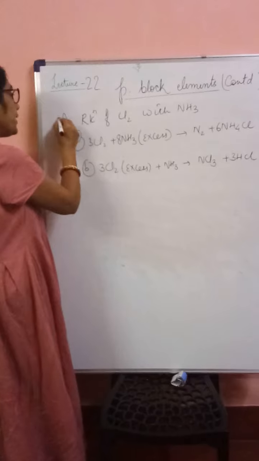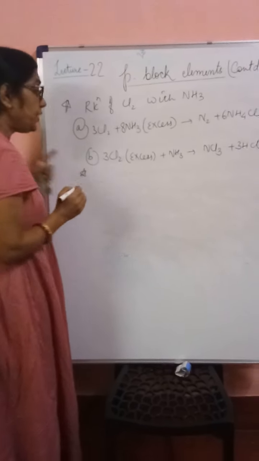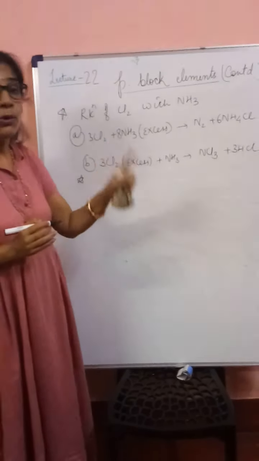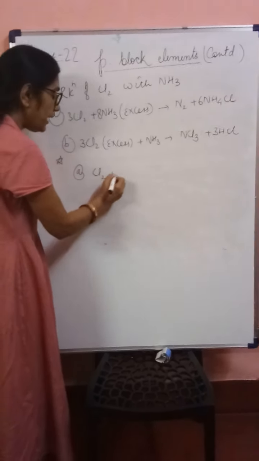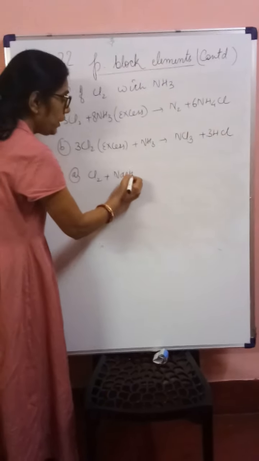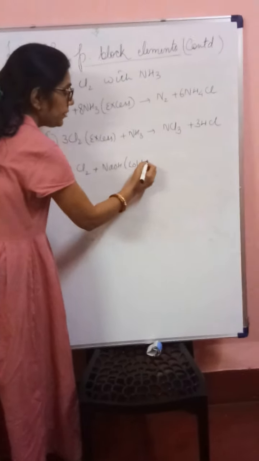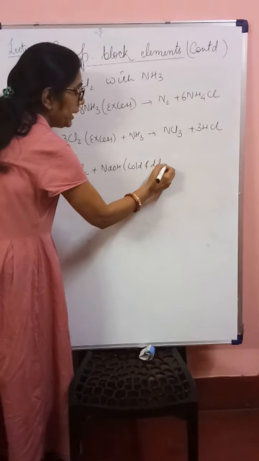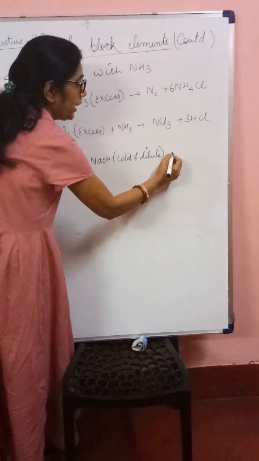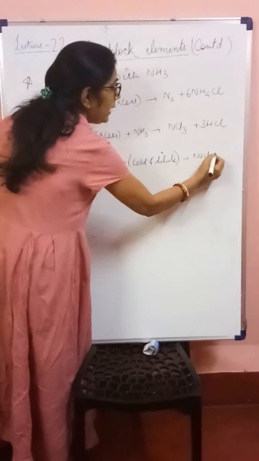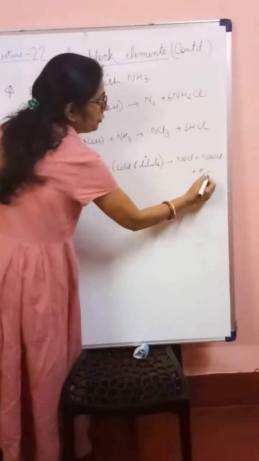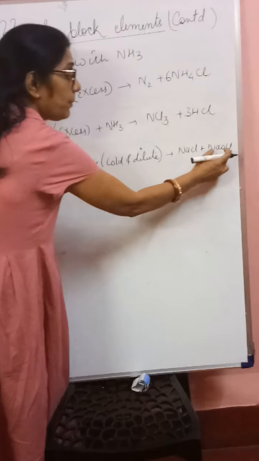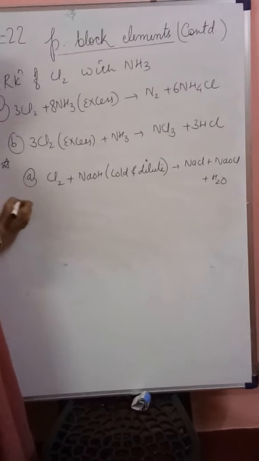And the second reaction, which is very, very important, is the reaction of chlorine with sodium hydroxide. So when chlorine reacts with cold and dilute NaOH, we get NaCl plus NaOCl plus H2O. Sodium chloride plus sodium hypochlorite plus water.